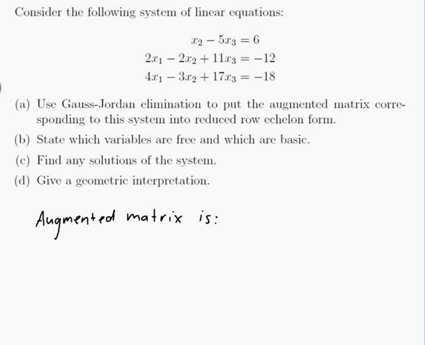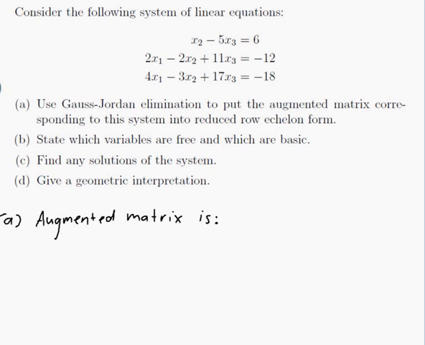So my augmented matrix has a column for each of my variables, and in those places I put the coefficients from the equations, and it has a column for the answers on the other side of the equal sign. So, that shouldn't be too hard.